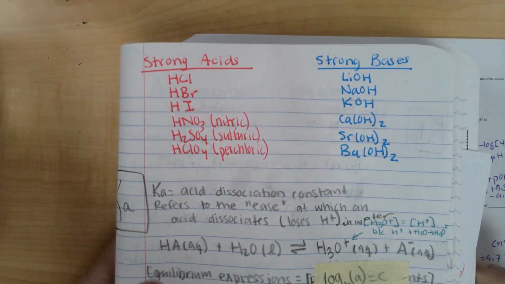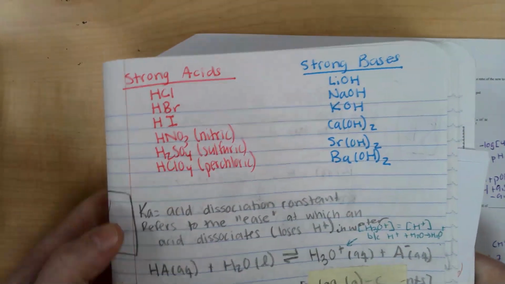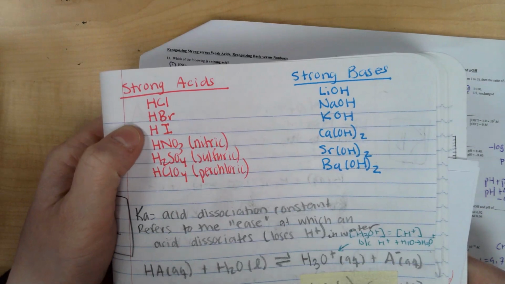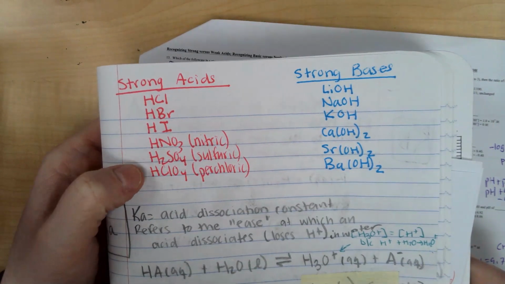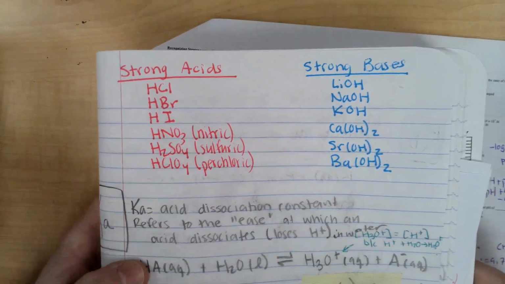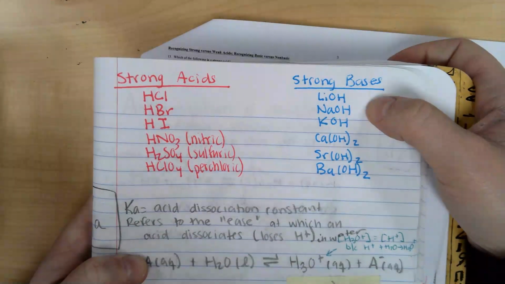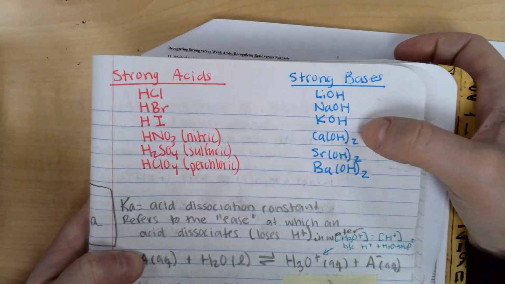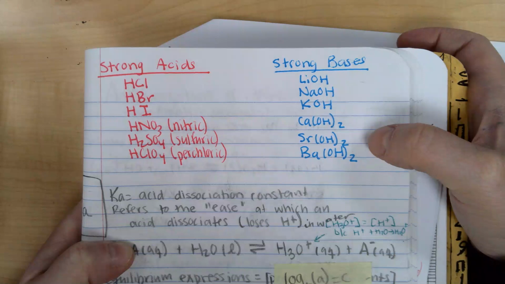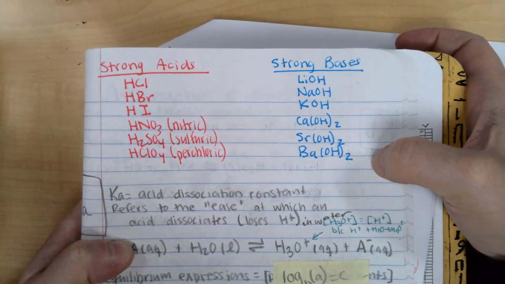But just for quick reference, I've never taken a chem class where we did not have to have these memorized, and I gave you guys in class a list of the strong acids and the strong bases. Here are our strong acids: hydrochloric, hydrobromic, hydroiodic, nitric, sulfuric, and perchloric. And for strong bases, we have lithium hydroxide, sodium hydroxide, potassium hydroxide, calcium hydroxide, strontium hydroxide, and barium hydroxide.